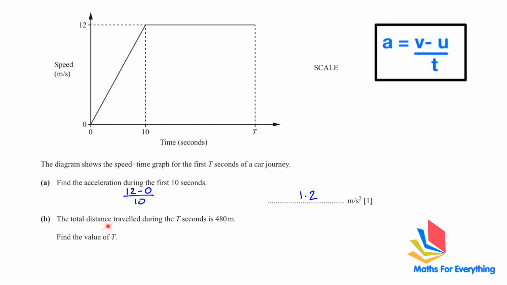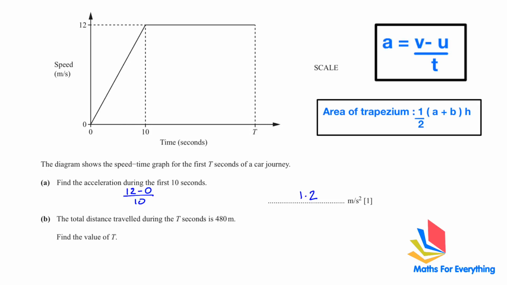Part B, the total distance traveled during the t seconds is 480 meters. So this whole is 480 meters. Find the value of t. Distance traveled in a speed-time graph represents the area enclosed by the graph. So this is a trapezium, and to find the area of the trapezium, we use the formula half times a plus b times h.